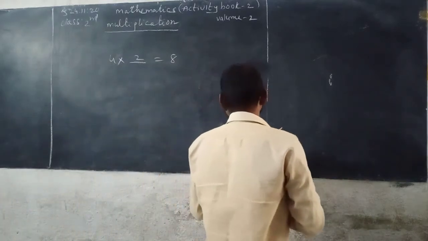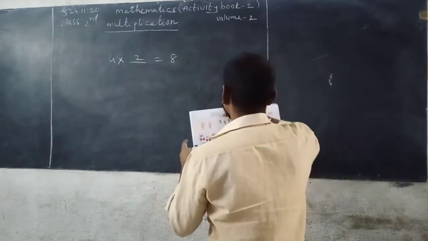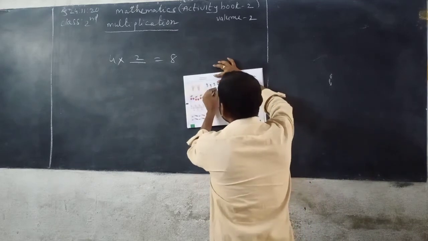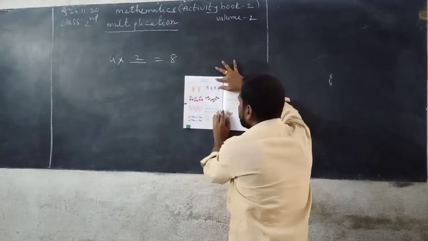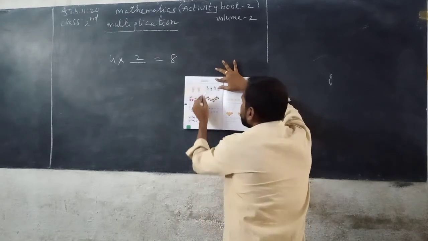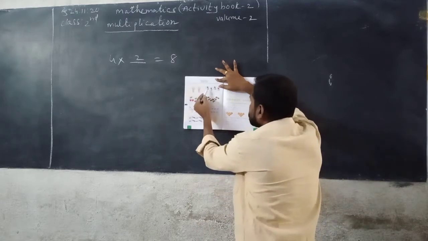Now the next one. 3 pairs of balloons are given. How many pairs are there here? 1, 2, 3, 4 pairs are given. In each pair how many balloons are there? 1, 2, 3. So how many times repeated, beta? 4 times repeated.